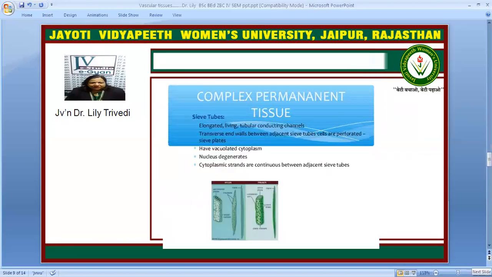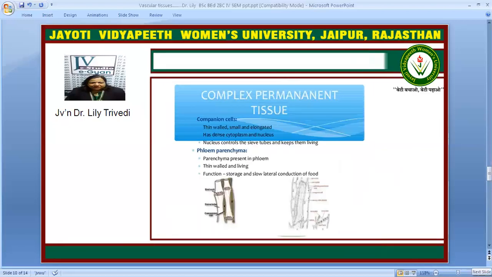The sieve tubes are elongated, living, tubular conducting channels. They have transverse end walls between the adjacent sieve tubes. The walls are perforated and they are called sieve plates. They have vacuolated cytoplasm. The nucleus degenerates and the cytoplasmic strands are continuous between the adjacent sieve tubes.